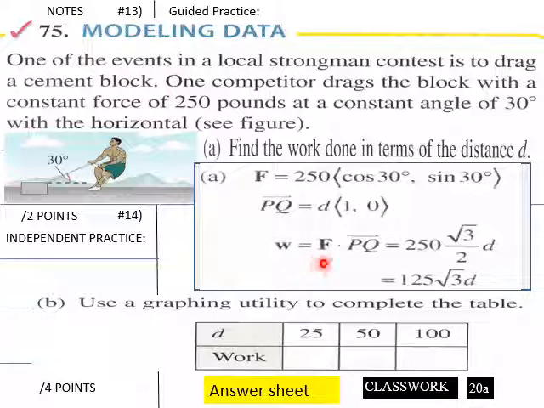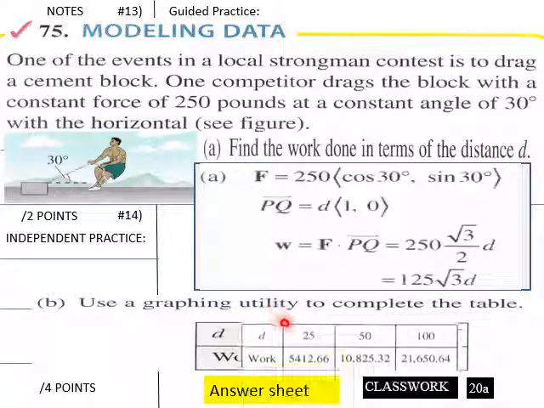So the work W would be F times vector PQ. We have force 250 times cosine 30 degrees, which is square root 3 over 2, times d, dotted with (1, 0). This comes out to 125 times square root 3 times d.